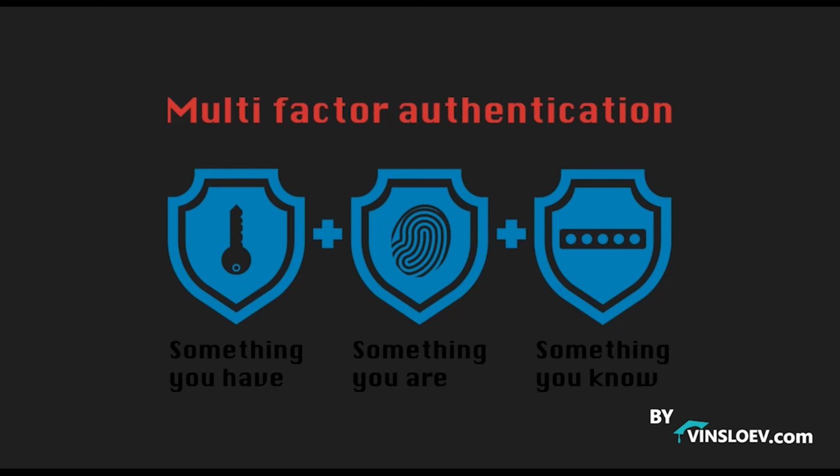So something you have, that is for example an ID card or a physical token that you need to present to get access to something, and something you are is for example fingerprints and eye scanner or something that is uniquely you as a person. And then we have something you know, which is our usernames and our passwords.